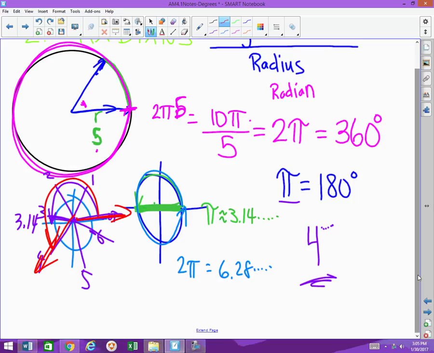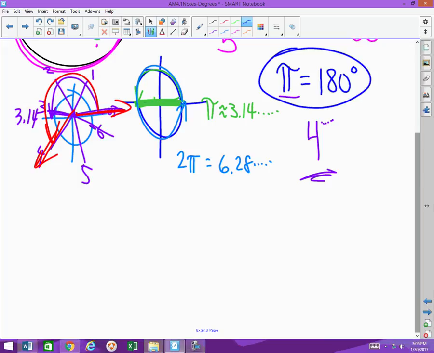Now then, we can use this fact here to convert from degrees to radians or radians to degrees.